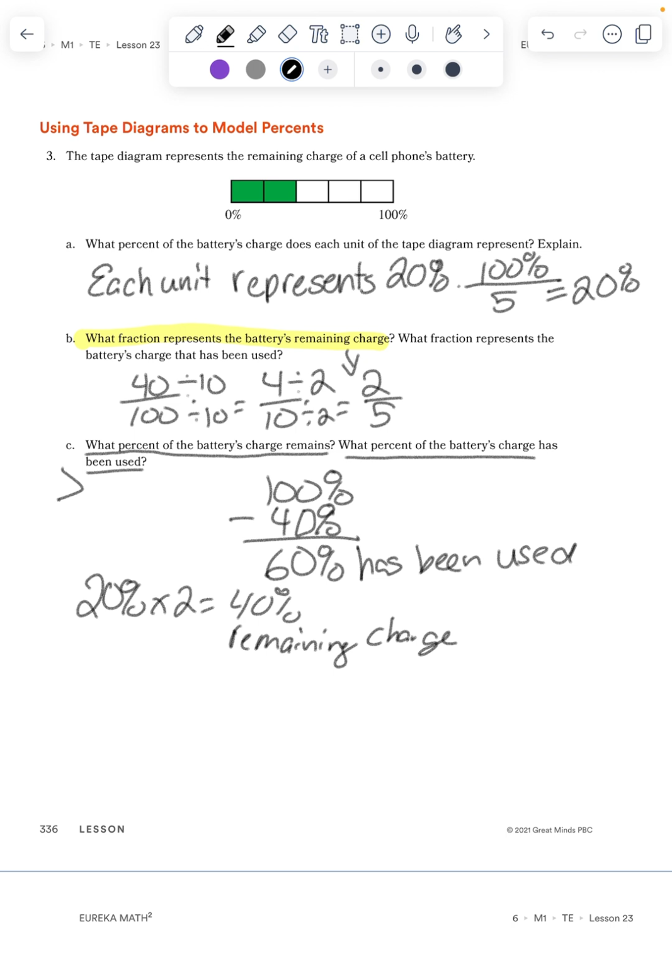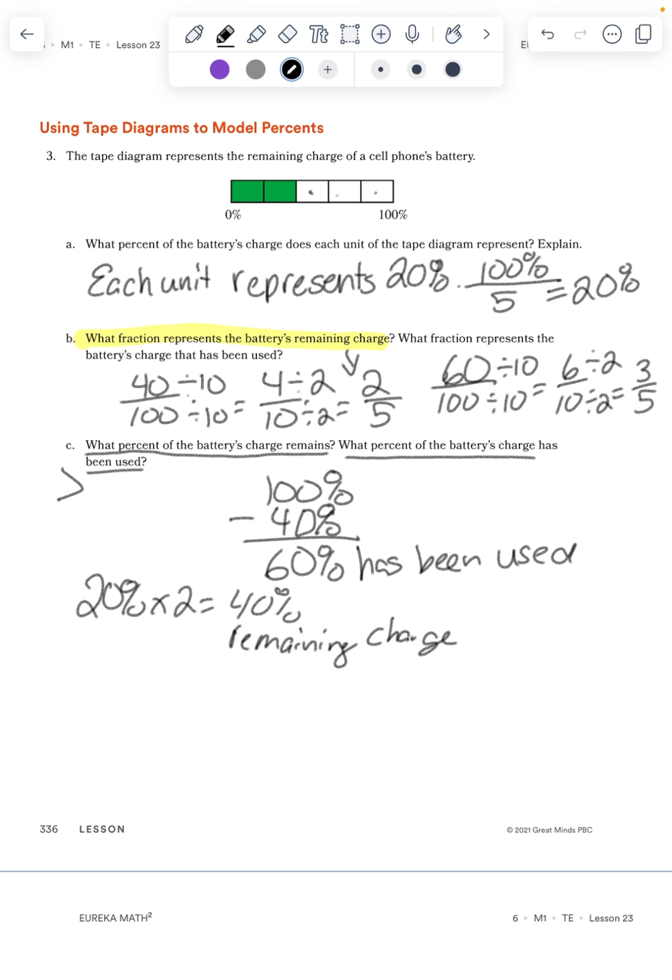Then it says what fraction represents the battery's charge that has been used? Again, we have 1, 2, 3 of them, and each one is 20%, so that would be 60%. We could write 60% as 60 over 100. We could divide both by 10 and end up with 6/10, and reduce again by dividing by 2 to get 3/5.